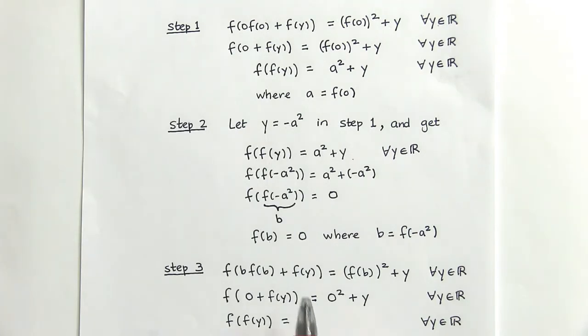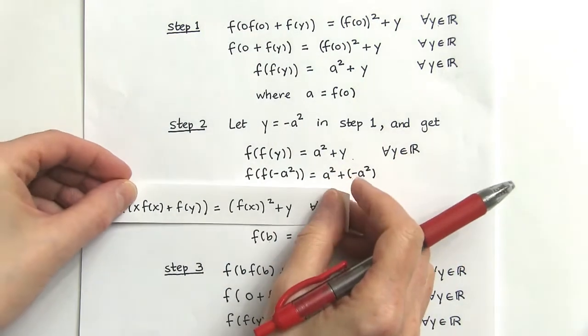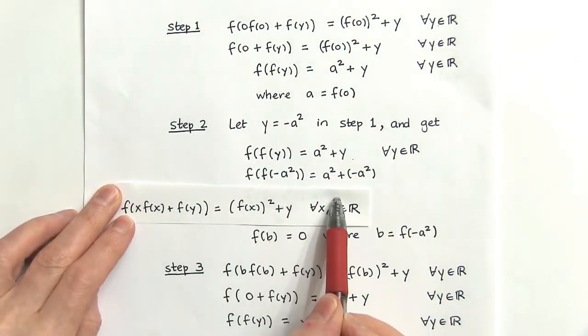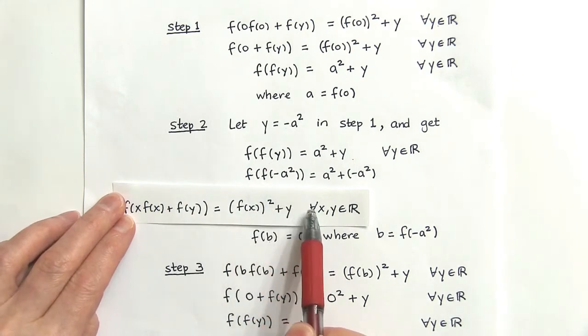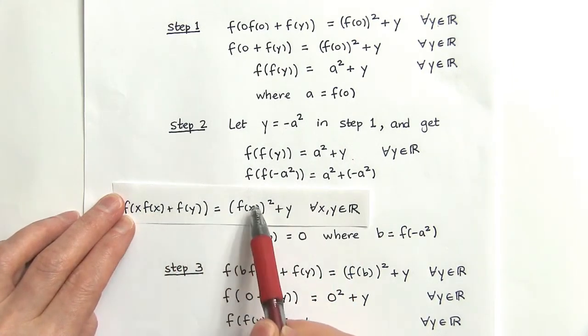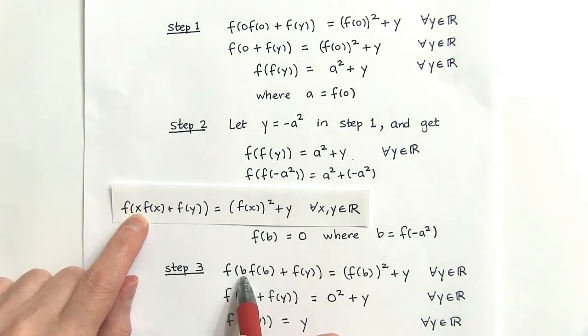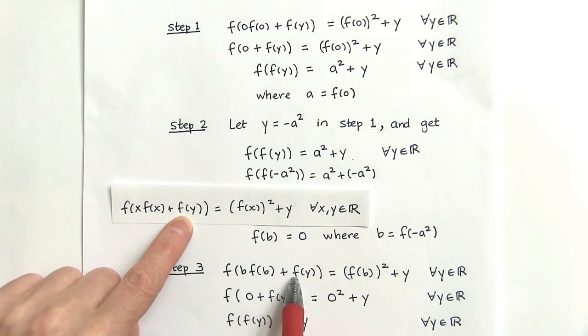So recall, b is the number that when I plug it into f, I get 0, and I'm going to take b and plug it in for x in the condition that's stipulated in the problem. So remember, the problem says that this condition must be true for every x and y in the real numbers. So I'm going to replace x with b, and we're going to get f at b times f at b plus f at y for the left-hand side.